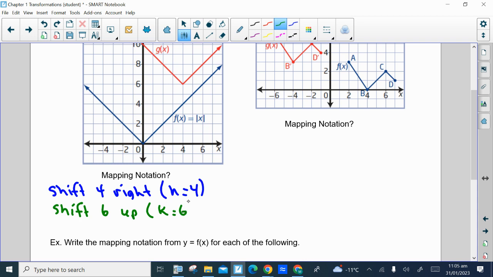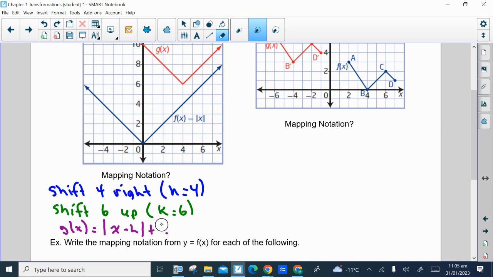So k is 6. So g will be written in terms of f. The original function is an absolute value function with an h value of positive 4. So if we're going to put our h and k values into that equation, this is what it'll look like.